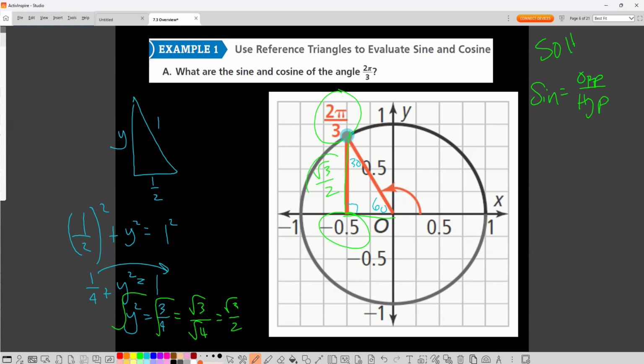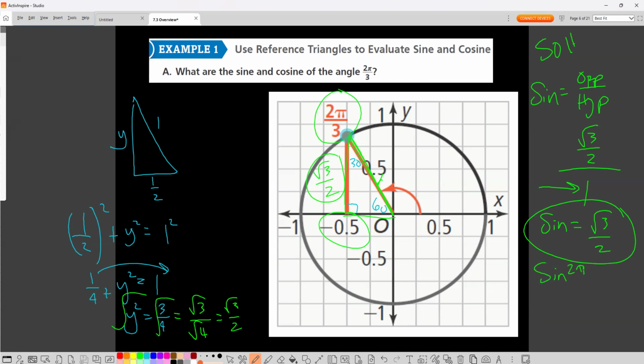So the opposite side here is the square root of 3 over 2, over the hypotenuse. Remember, we're talking about the unit circle, radius always 1. This is a radius. So sine is really just always going to be the y side because the hypotenuse, we said, is always 1 on the unit circle to simplify this. So it's always over 1.